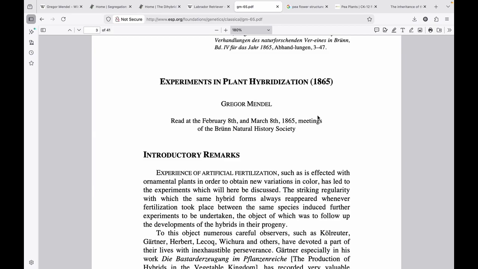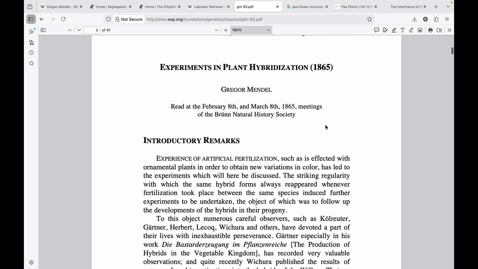But what the hybridizers had often seen was that as they did this hybridizing work, they would see that offspring would revert back to one of the parents. The offspring in some generations would have the characteristics that appeared to have disappeared in the early cross.